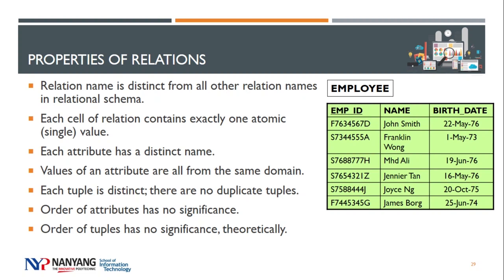Since each cell should contain only one value, it is illegal to store 2 phone numbers in a single cell, or to store 2 employee numbers in a single cell. There should be no duplicate tuples in the employee relation. We can exchange columns and rows, but the data stored will still be the same.